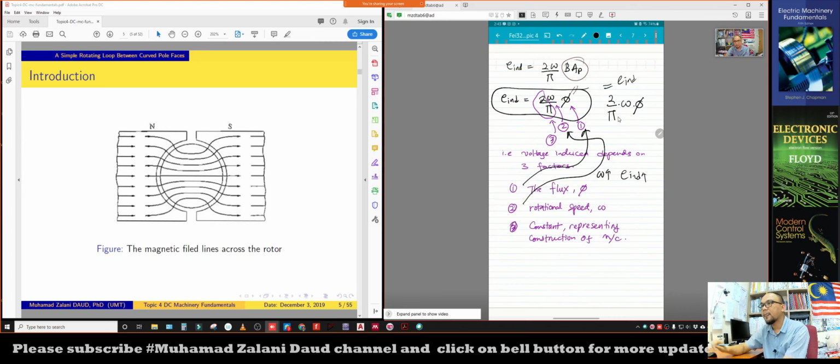The third one is a constant, which is 2 divided by pi, where pi is constant, 3.14.